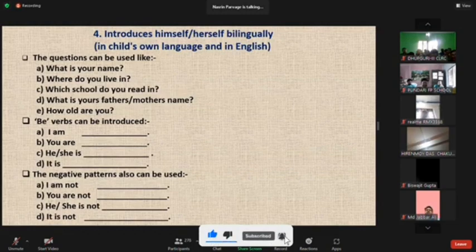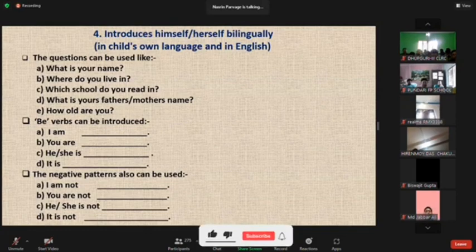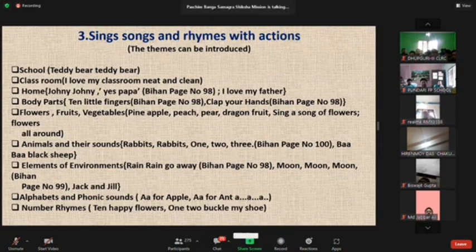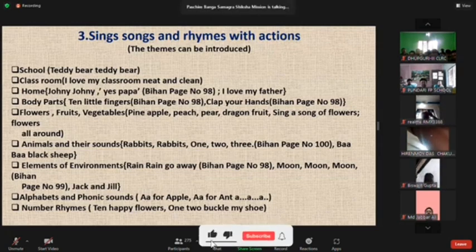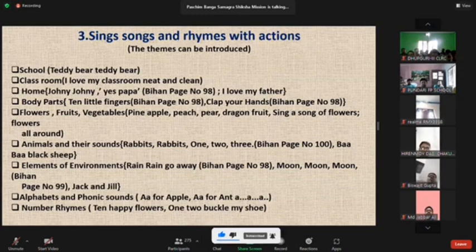The next learning outcome is: identifies and names familiar objects from the immediate environment, colors, shapes, body parts, clock, doors, etc., and expresses emotions through verbal and non-verbal modes, gestures, and drawings.